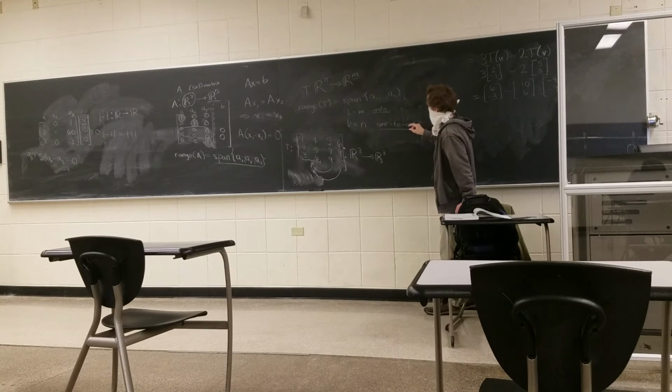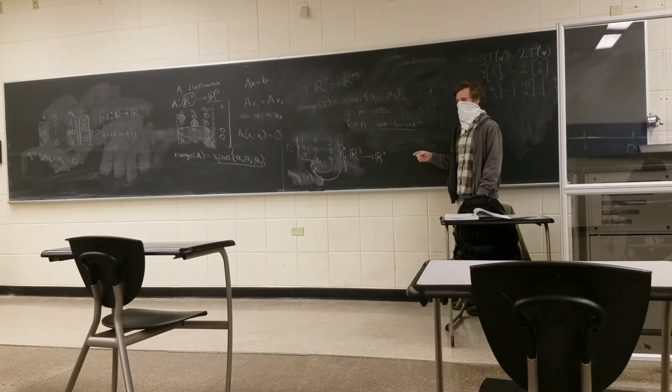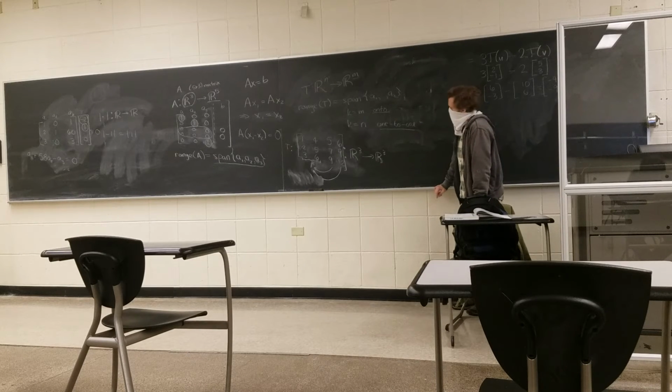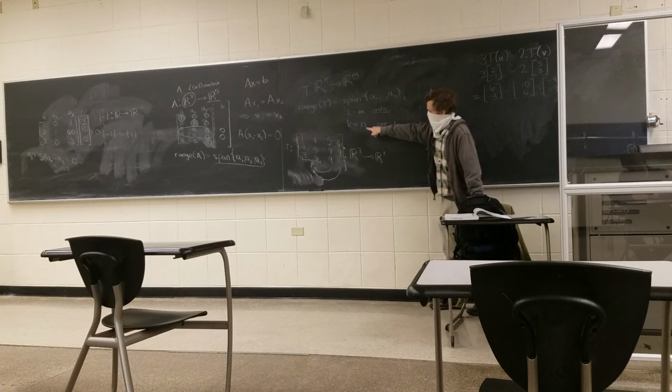The only way for it to be one-to-one and onto, or as serious mathematicians like to say, bijective, is that it has to be n by n, it has to be square, and in fact it has to be invertible, which is the same thing as saying that it's square and all of its columns are independent.